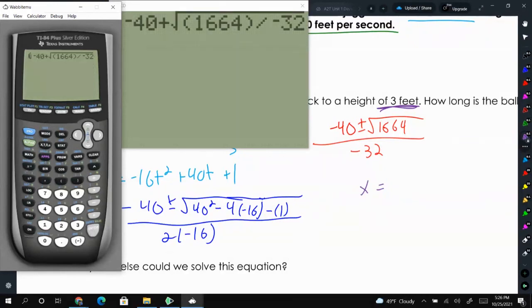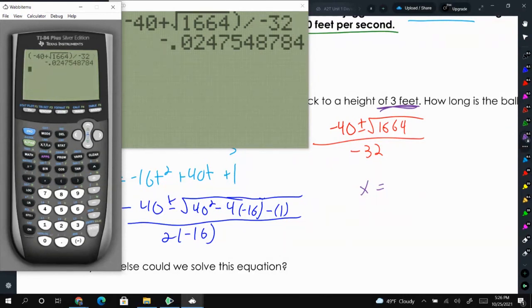Oh, whoops. I'm just going to type that all over again. So parentheses, negative 40 plus the square root of 1,664. I forgot to close parentheses, because I want all this divided by negative 32.